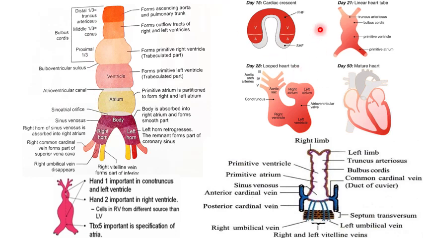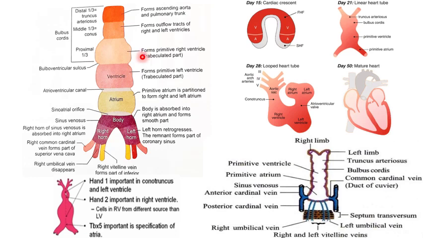As we said, the primitive heart tube has 2 dilatations first seen, which are the bulbus cordis and the primitive ventricle, which become conspicuous by forming the first constriction. Subsequently, this bulbus cordis will be divided into 3 parts. The proximal part is called the trabeculated part, which is the inflow tract of the right ventricle.